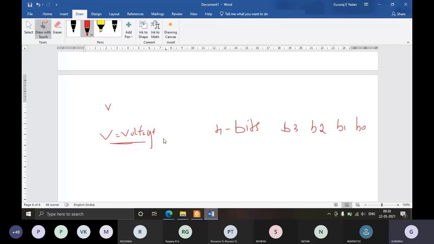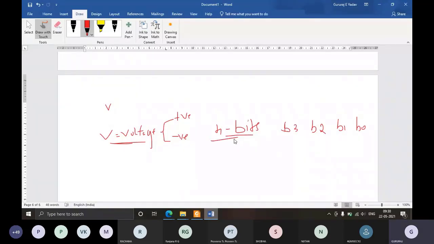And this voltage can be both positive or negative. So the idea is we have to represent a voltage value which is both positive as well as negative using 4 bits: bit 3, bit 2, bit 1, bit 0.